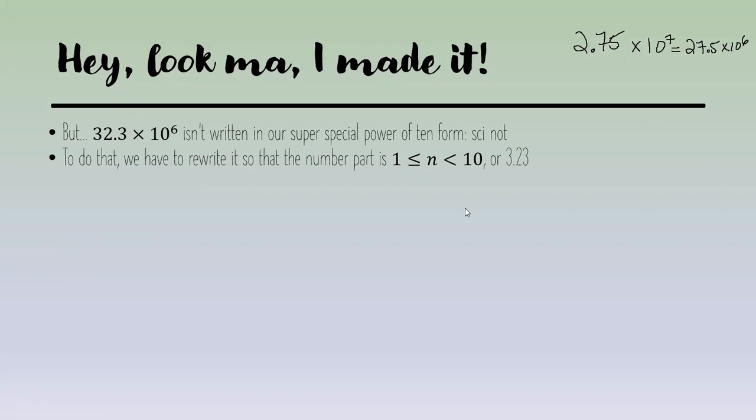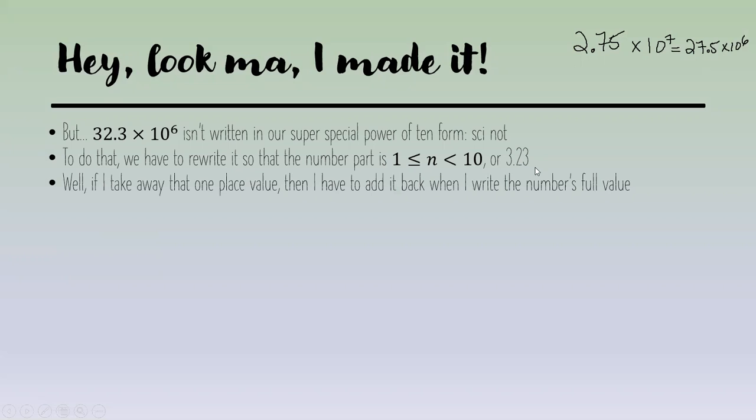So see, I wrote it right here. I wrote 10. I knew what I was doing. I just didn't pay attention. So in order to have this number between 1 and 10, the decimal has to be here because 3 and change meets that criteria.